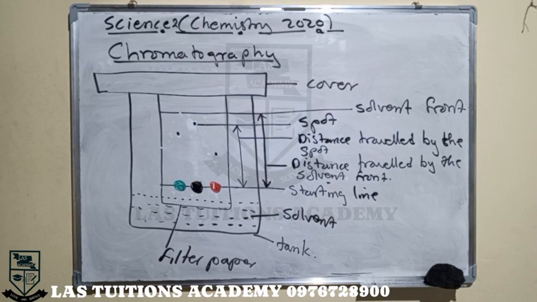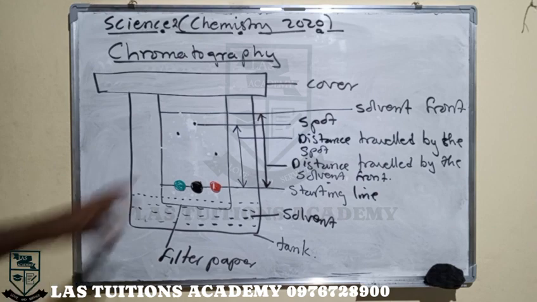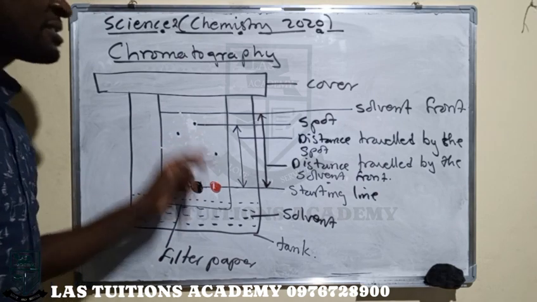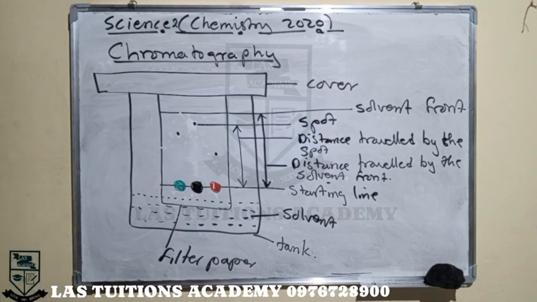There are times when you hardly see the spots. When you can't see the spots, you get a locator. Silver nitrate is an example of a locator.